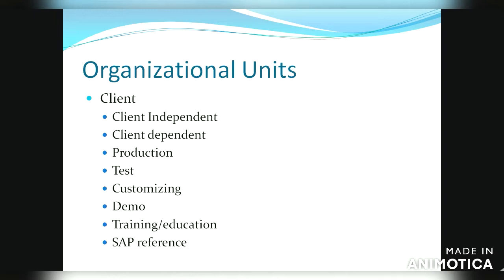The main objective of the client is to keep the data isolated from other clients. Client data is independent to each client. The master and transactional data in the client is only visible to that particular client. It will not be visible in other clients.